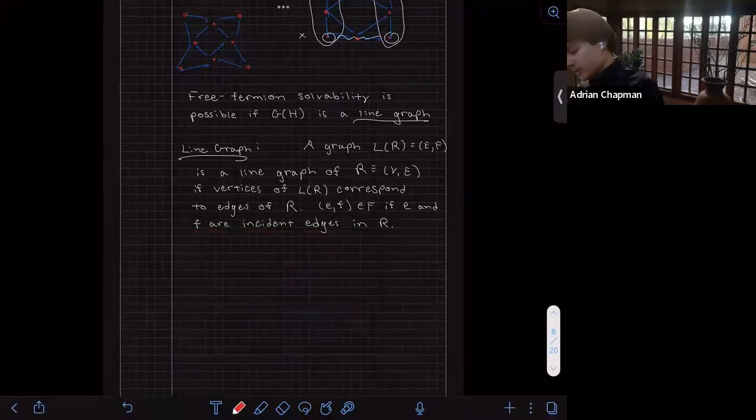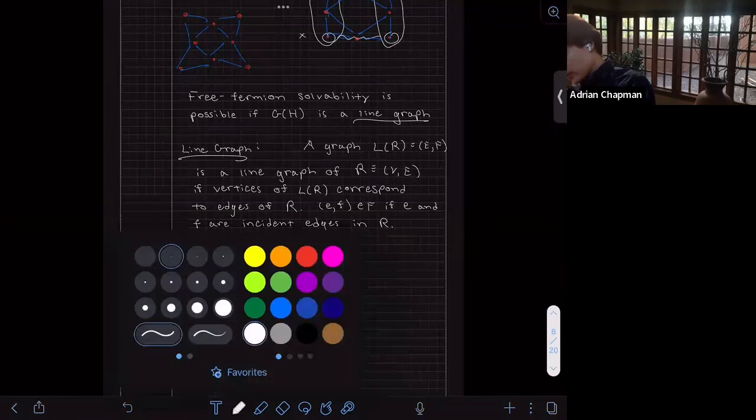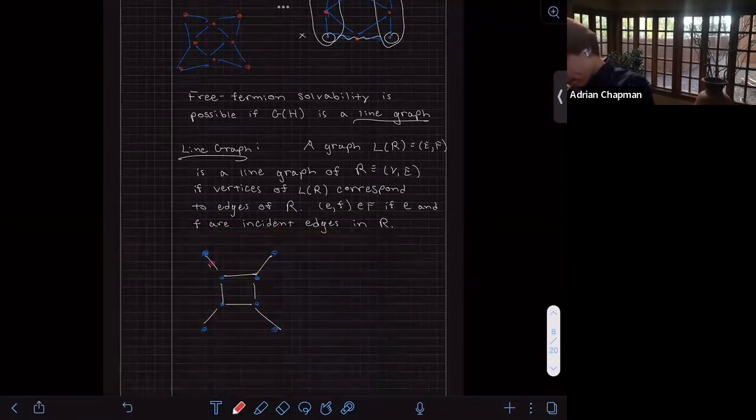As an example, let's suppose we have 8 vertices. The edges of this graph are shown in red.